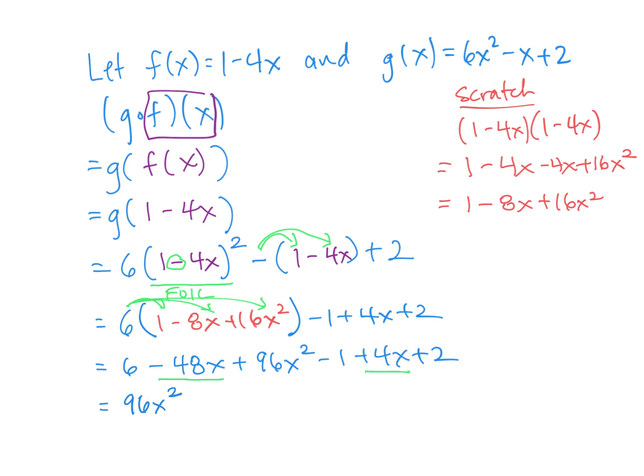Negative 48 plus 4 is negative 44. You'll check me on that. I'm not feeling perfectly confident on that. Yeah, I feel good now. Okay. And then I combine my constants. 6 minus 1 is 5. 5 plus 2 is 7. So bada bing, plus 7. And that is what g following f of x is.